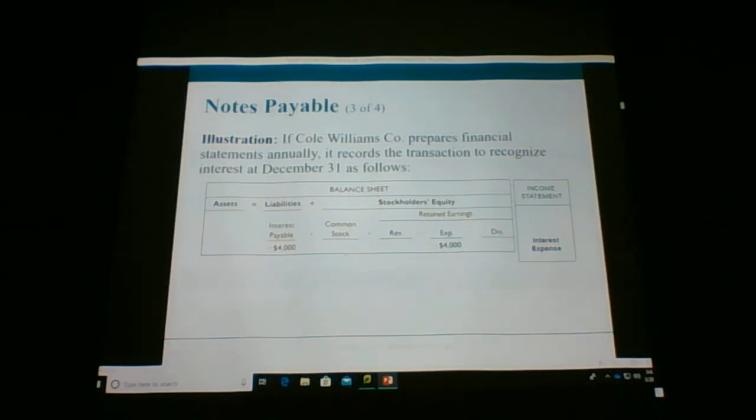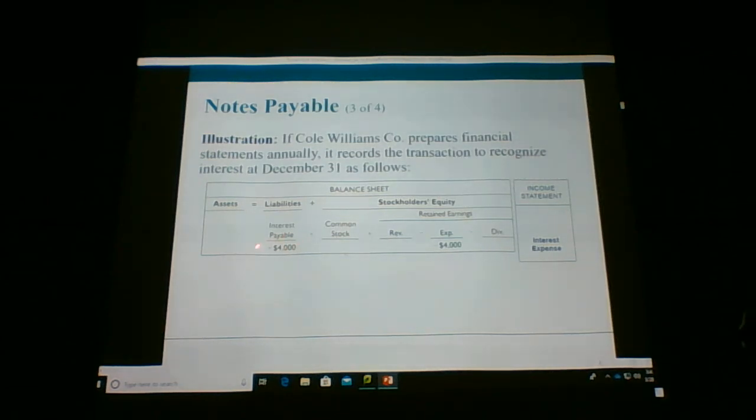Now, this is not the way that everybody would do this. Not all businesses would actually put this liability on the books. Okay? But we are talking about accrual basis accounting, and this is what should happen. Okay? When we recognize that liability, we have an immediate decrease to retained earnings. So if we think about this, that makes sense because we say that assets equals liabilities plus owner's equity.